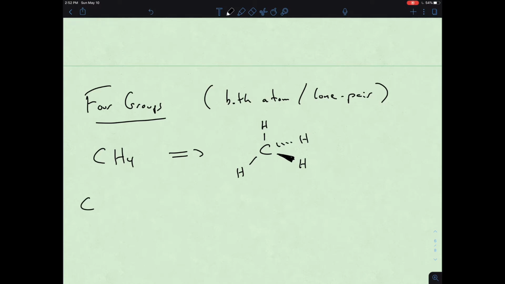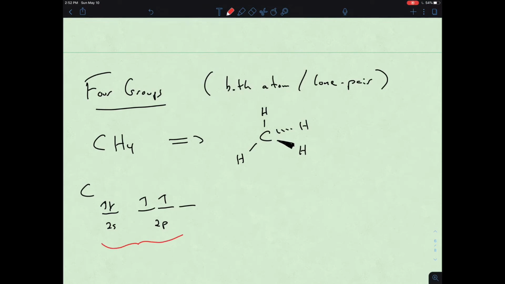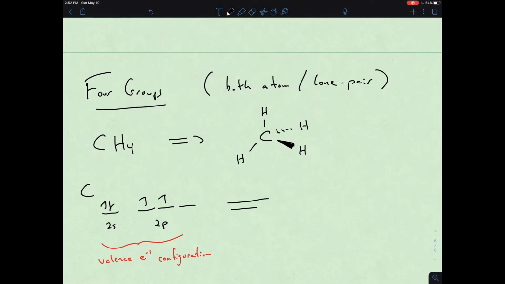But again, it's this idea of how does it do it? Carbon now has 4 valence electrons, so here's its valence electron configuration. And so we need to hybridize in order to have these electrons unpaired to participate in our bonding motif.